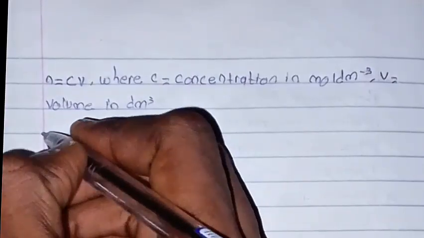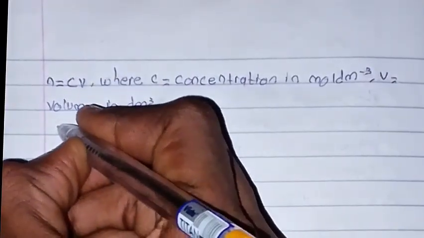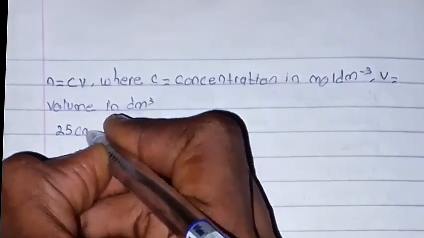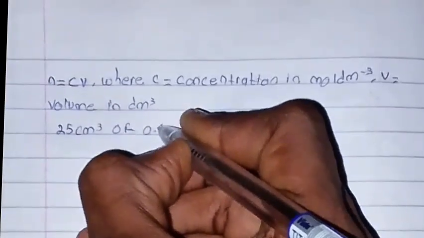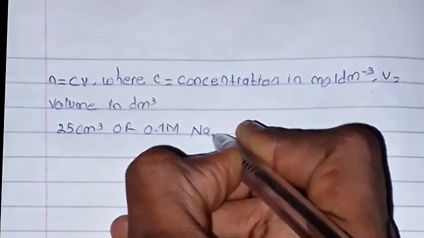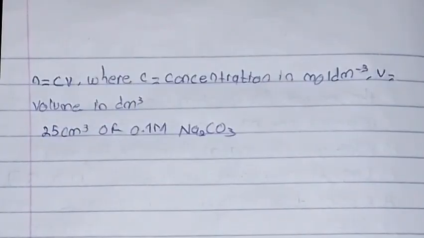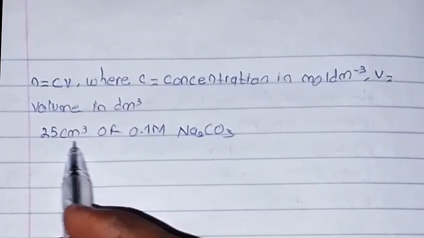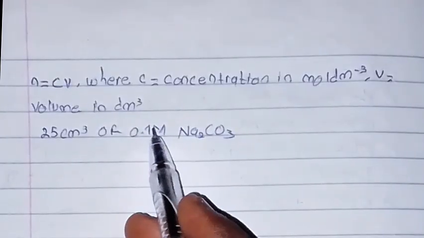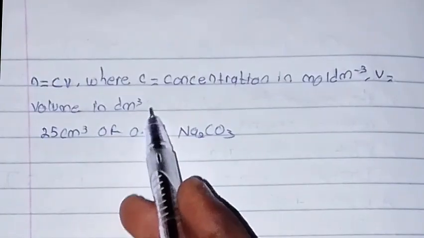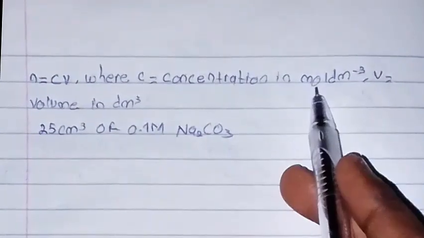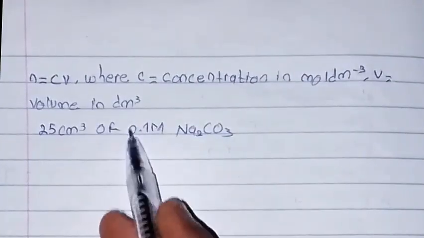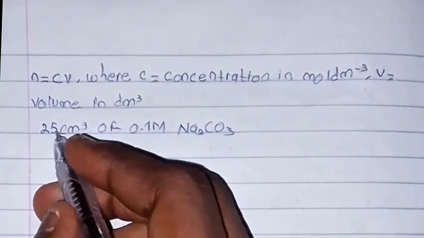For the question, we have 25 cm³ of 0.1 molar Na₂CO₃. First, we convert cm³ to dm³. The 0.1 molar is already in mole per dm³, so we don't have to bother about the concentration.